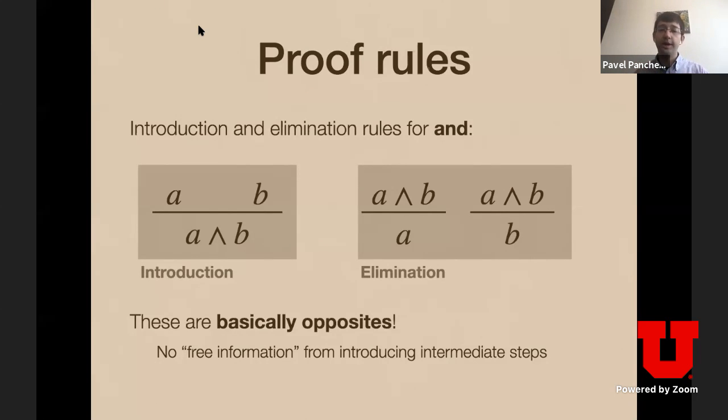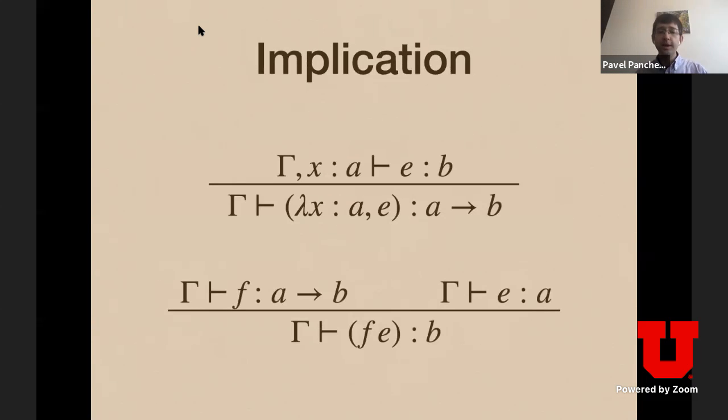So if I assume that A and B, how do I use that assumption? We introduced these paired introduction and elimination rules, and noted that these were basically opposites. From one, you could get the other, because if you introduce a proposition, then you should be able to get the stuff you introduced it with back out.